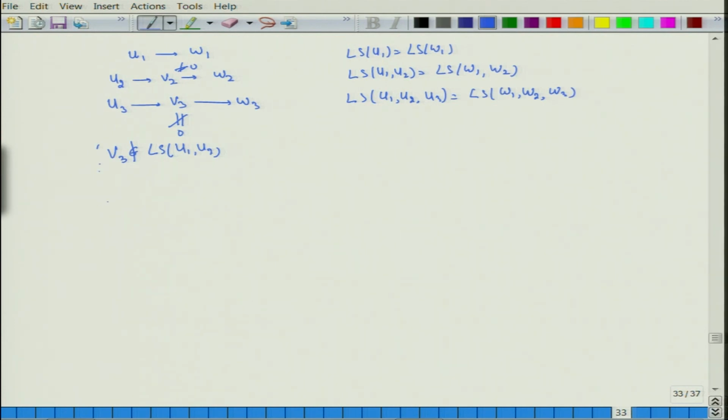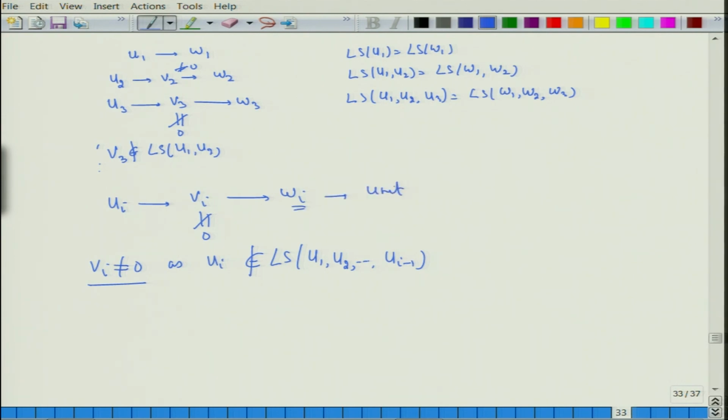At any stage, if I look at ui, so ui will give rise to vi. Now, why is vi not 0? vi is not 0 as ui does not belong to the linear span of u1, u2, till ui minus 1, all right. So, this is not 0, so I can go from here to wi, and wi, what is wi?